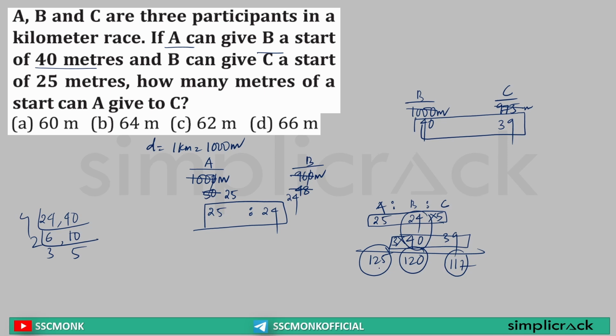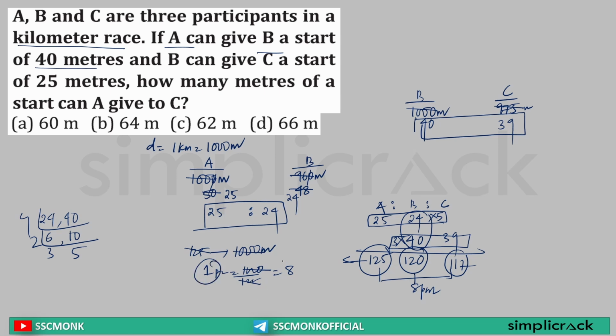Now, what is the difference between A and C? Sir, 8 parts. Yes or no? But here it is saying a race of how many meters? Sir, 1 kilometer. That means this 125 parts is equal to 1000 meter. One part will be equal to 1000 divided by 125. 125 times 8 is equal to 1000.